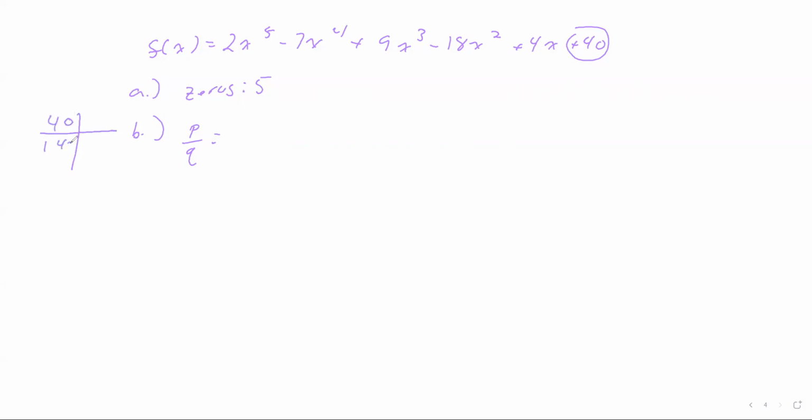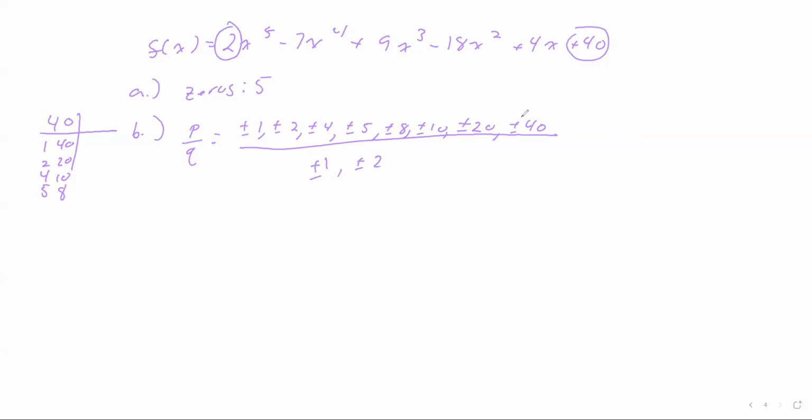You can do 1 and 40, 2 and 20, 4 and 10, 5 and 8, right? Yep. So there it is. So that's going to be plus or minus 1, plus or minus 2, plus or minus 4, plus or minus 5, plus or minus 8, plus or minus 10, plus or minus 20, and plus or minus 40, all divided by the factors of 2, which is plus or minus 1 and plus or minus 2.